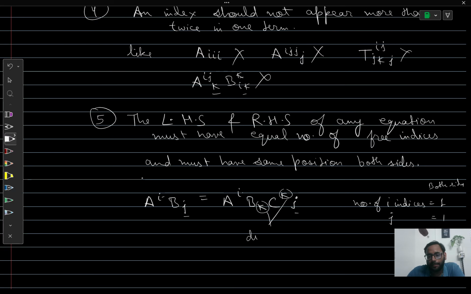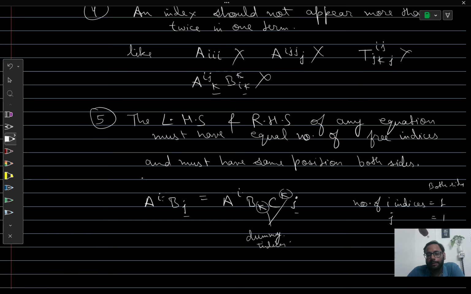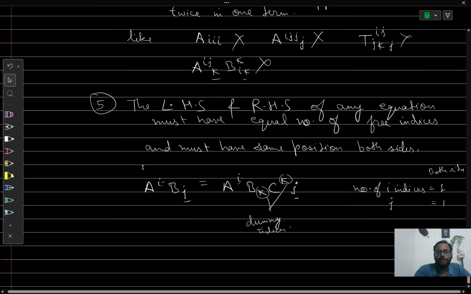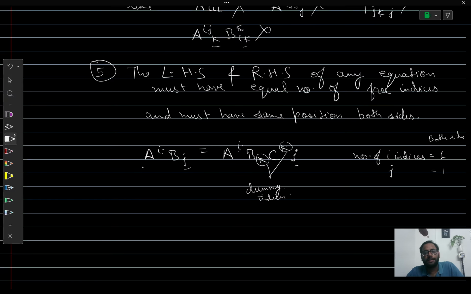Repeated indices are dummy indices, so you don't count them. Then you check that the position of i is the same, upstairs, and the position of j is again the same, downstairs. So they are in the same position in LHS and RHS, so it is a valid equation.